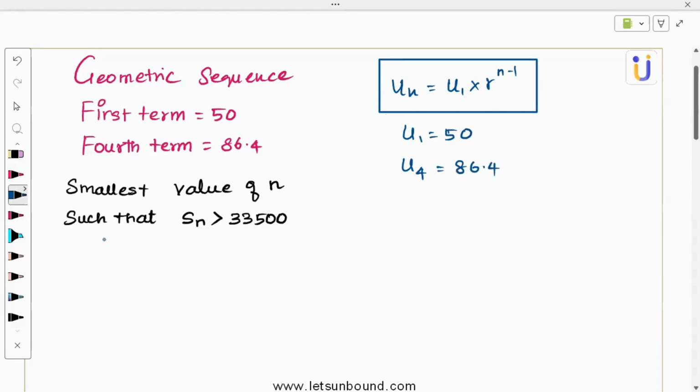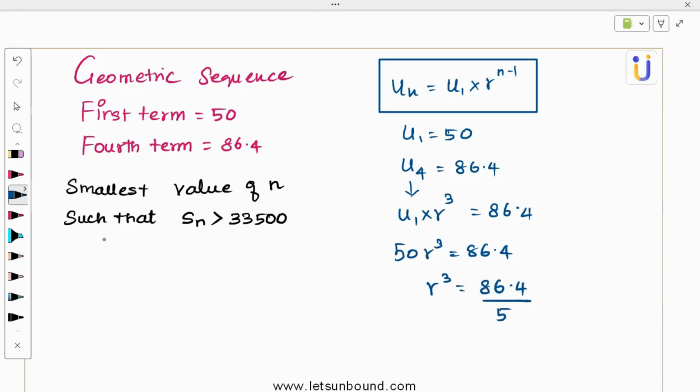Now I can make some relation. u4 can be written as u1 r power 3, because n minus 1, right? We are finding the 4th term, so r cube. We know u1 is 50, so 50 r cube equals 86.4. And r cube is going to be 86.4 by 50.